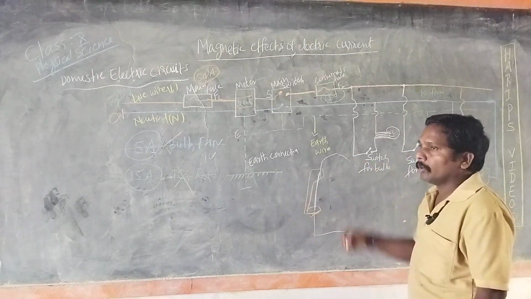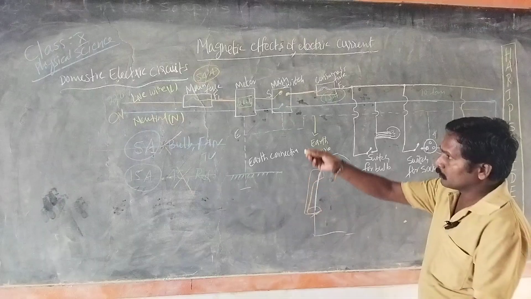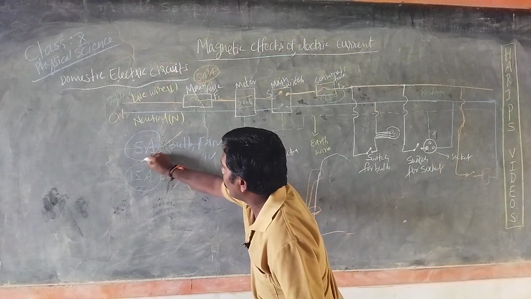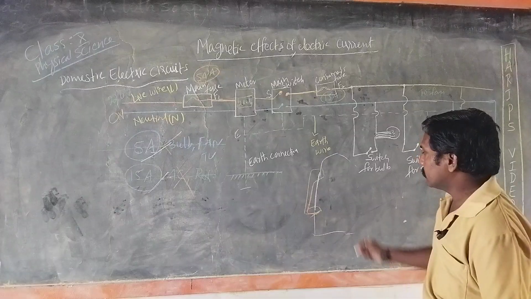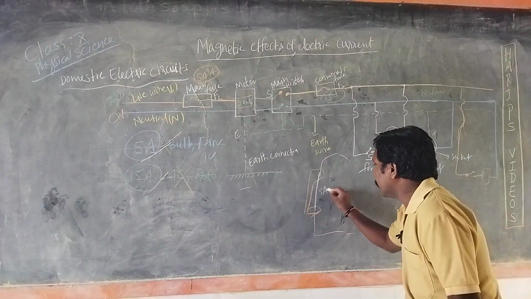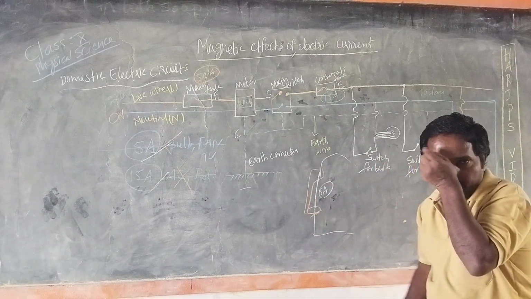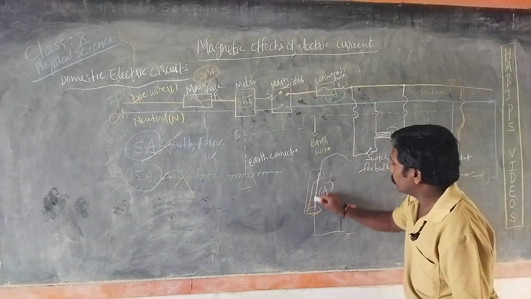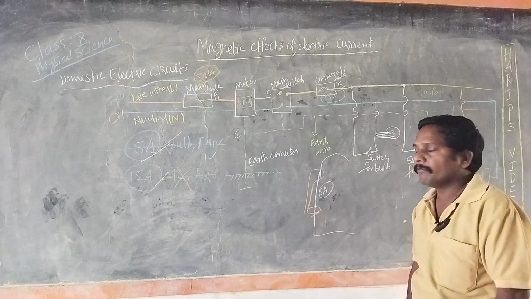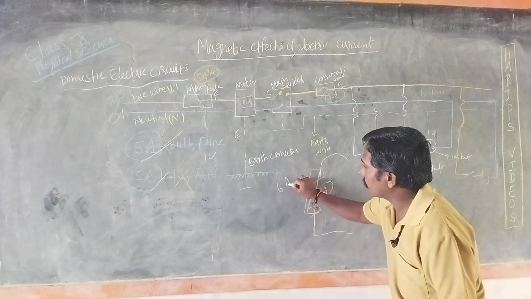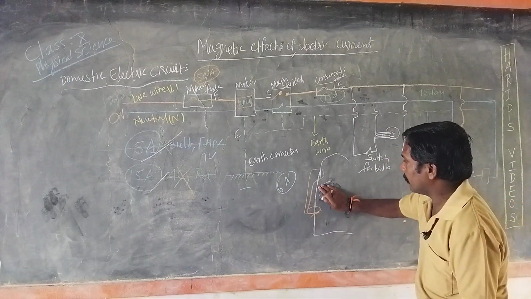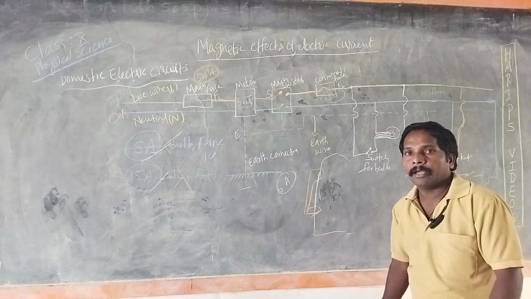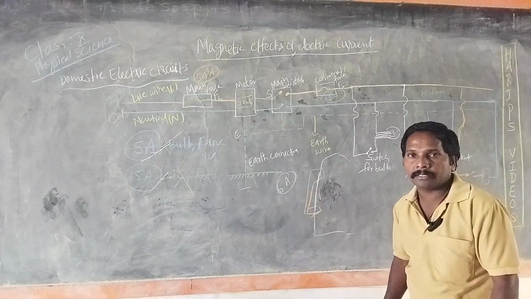Then if more current is passed, as we discussed, 5 ampere fuse, 15 ampere fuse wire. For example, here if we use a 5 ampere fuse wire, through this fuse wire, if 6 amperes of current flows, what will happen? We know that electric current produces a heating effect.